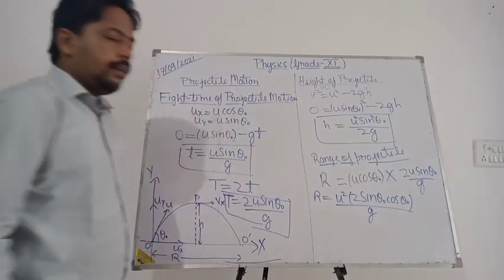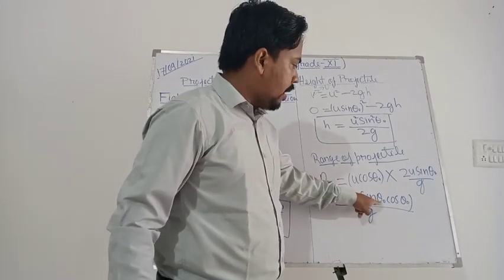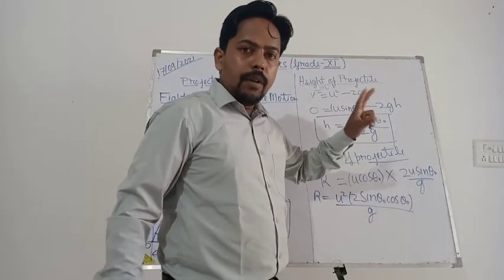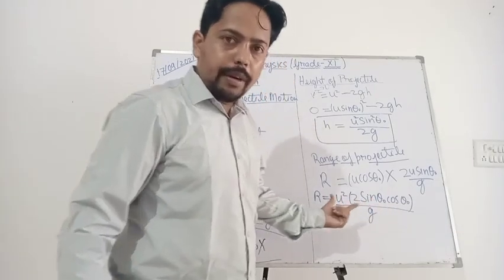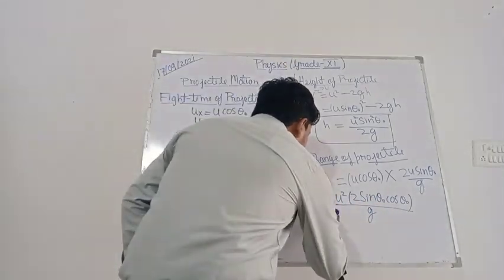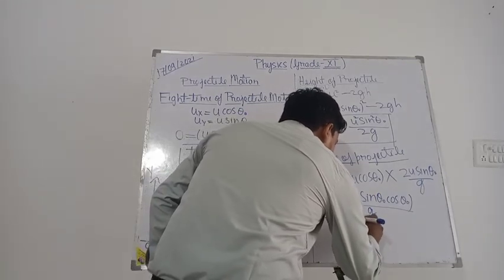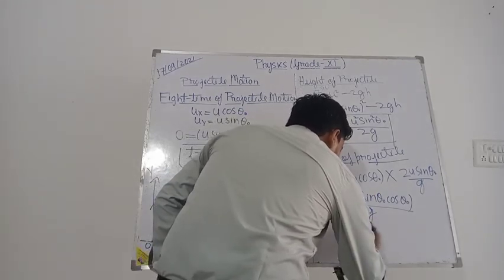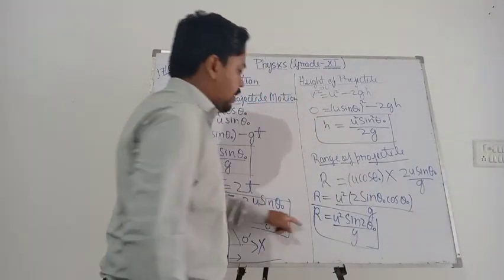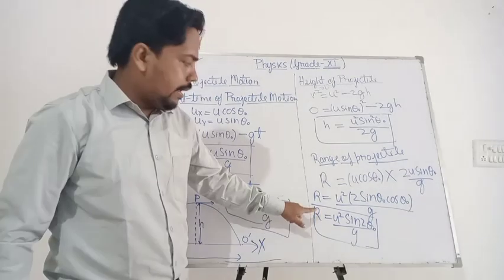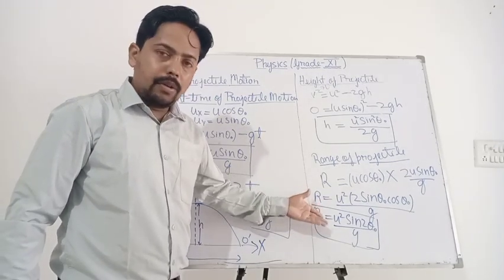You can see that 2 sin theta cos theta is the formula for sin 2 theta, which we know from trigonometry. So R comes out to be u square sin 2 theta naught upon g. This range value is also very important to learn, to solve the questions we will be getting.